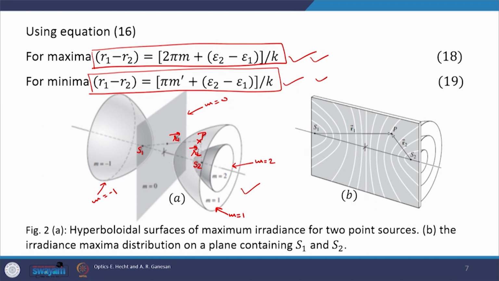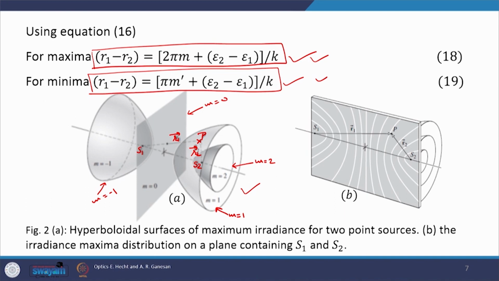Now, you see that when m is equal to 0, we get a plane which is passing through a point at an equal distance from the vertices of the two hyperboloids. And as we increase the value of m, we get different types of hyperboloids. It is a 3-dimensional hyperbola.